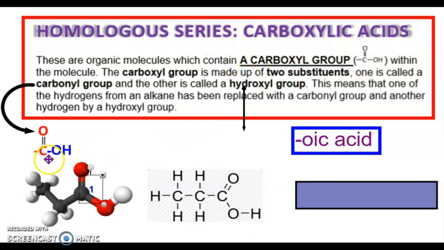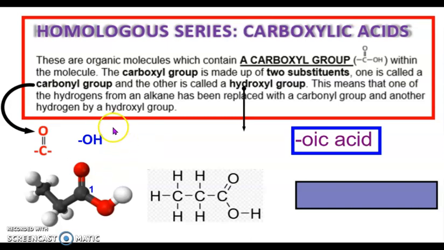Now, a carboxyl group is when there's a carbon with a double bond to an oxygen. That is actually called a carbonyl group. And we've also got the single bond to the OH group, which is a hydroxide. So it's not just a hydrogen that's replaced with a hydroxide, otherwise that would be an alcohol.